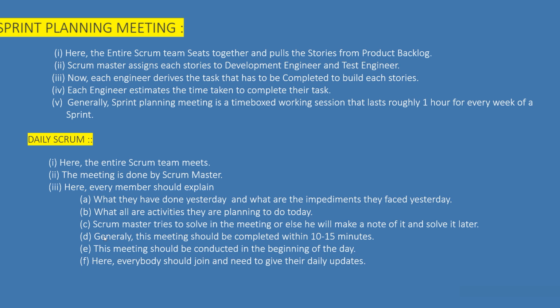The Scrum Master tries to solve certain impediments right then and there. If it takes too much time, the Scrum Master notes it down in the impediment backlog and solves it later.